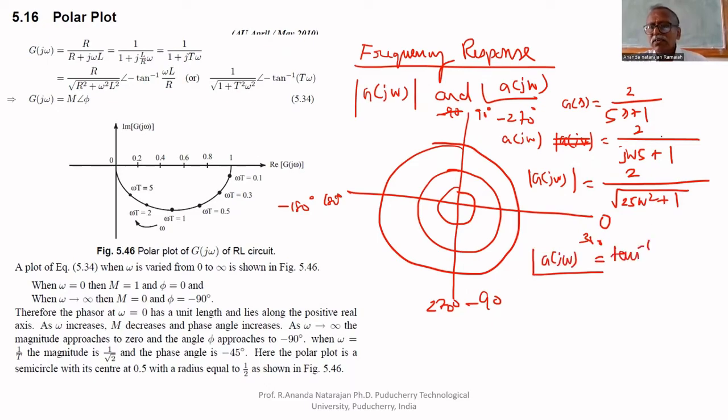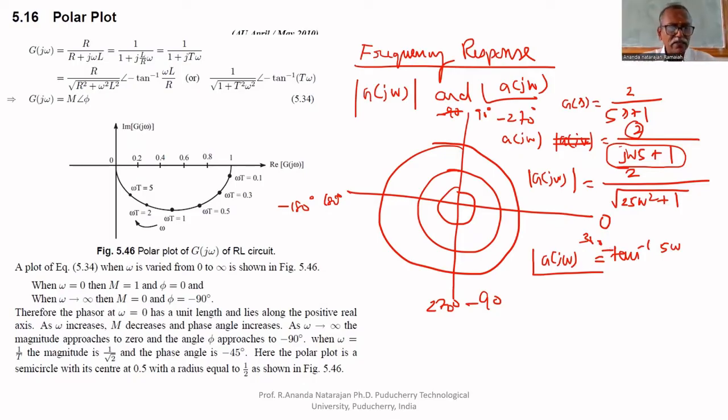The angle of G of j omega is, here the angle of 2 is 0, and the angle comes only from the denominator. That is minus tan inverse of the imaginary part divided by the real part, that is, minus tan inverse of 5 omega. That's all.